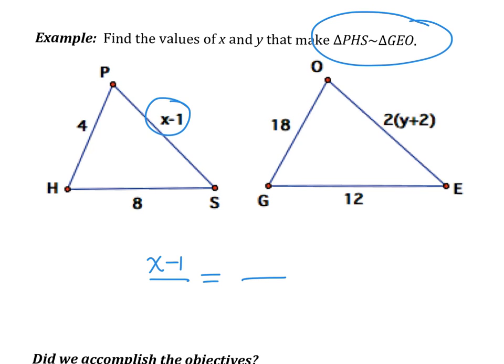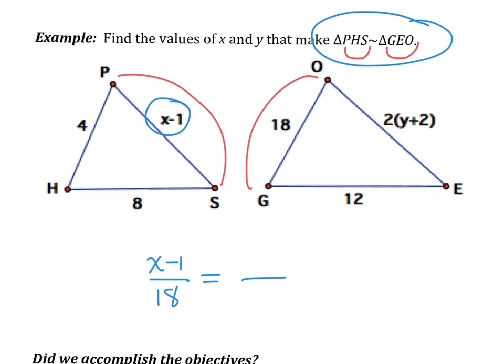And here's why. P to S, G to O. First and third letter, first and third letter. So that's the importance of having that similarity statement. So now we know that x minus 1 corresponds to 18.